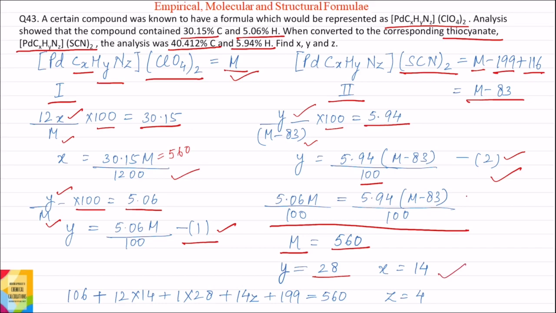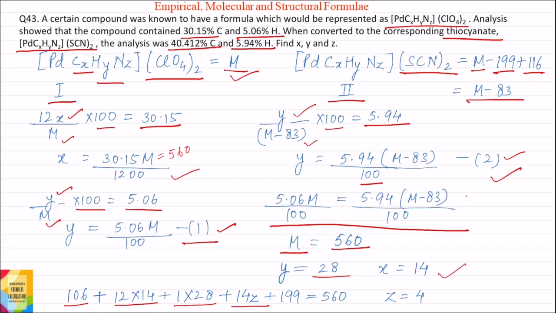Now for value of z, we will add the atomic weights of all the atoms present in this compound 1. Atomic weight of palladium is 106 plus weight of carbon, which is equal to 12 into 14. 12 is the atomic weight of carbon and 14 is the value of x, plus weight of hydrogen, that is 1 into 28. 1 is the atomic weight of hydrogen and 28 is the value of y, plus 14 into z. 14 is the atomic weight of nitrogen into z.